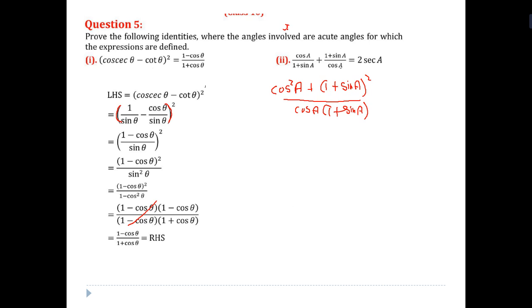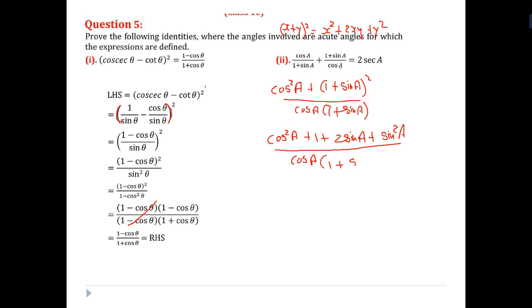So the x plus y identity, that is x square plus 2xy plus y square. So if we open it, then cos square A plus 1 plus 2 sin A plus sin square A upon cos A 1 plus sin A.